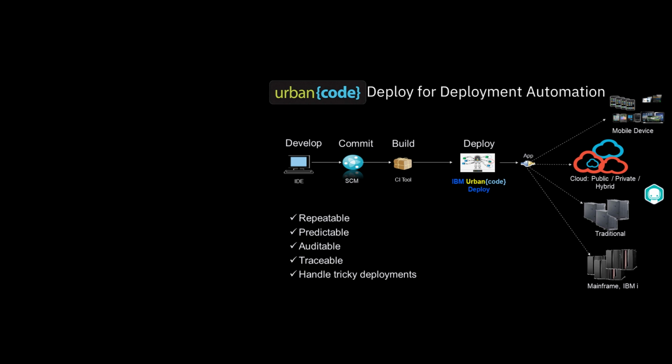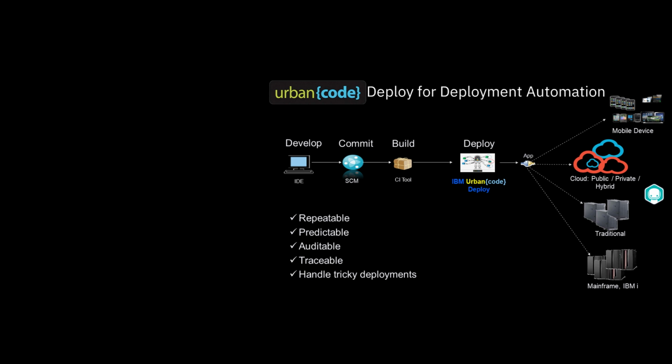One example of an IBM DevOps tool is UrbanCode Deploy, and that's what we're going to talk about today. As part of our talk, we'll focus on UrbanCode Deploy. It automates the deployment of applications through environments. In this delivery pipeline, we see the major phases of delivery.